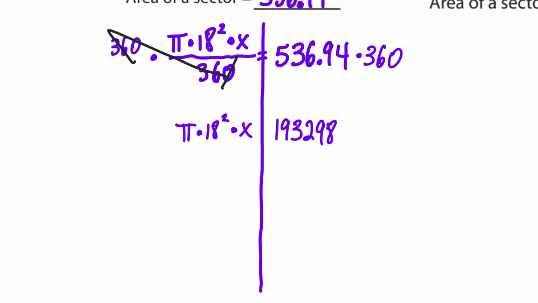So I'm solving for x. I need to get rid of this stuff over here. So you do pi times 18 squared. Now, the stuff is being multiplied to the x, so I gotta do the opposite of multiply by that stuff. So I'm gonna divide by pi on both sides to cancel that out.